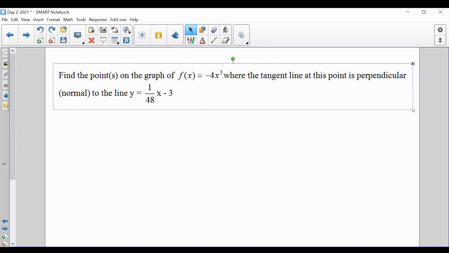It sounds like it could be more than one, right? Where the tangent line at this point is perpendicular to the line 1 over 48x minus 3. All right. The points on the graph where the tangent line is perpendicular to that line.